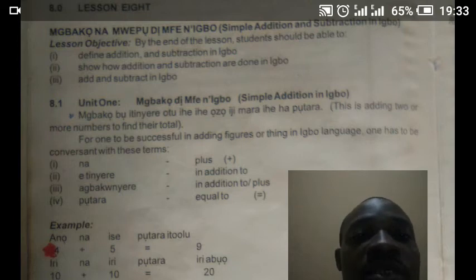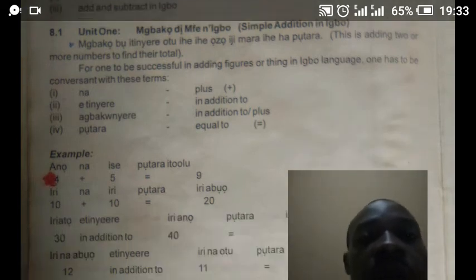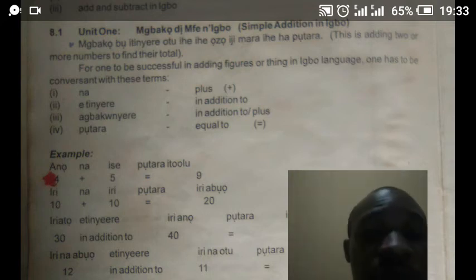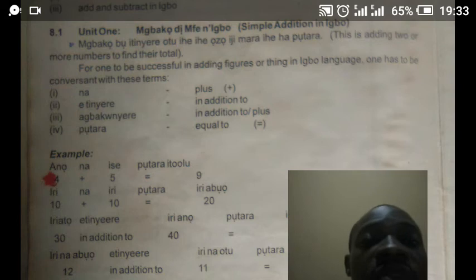The next one is etinyere, which is in addition to. The next one is agbakwunyere, which is in addition to or plus. The next one is pụtara, which means equal to. You have to be familiar with these four things.